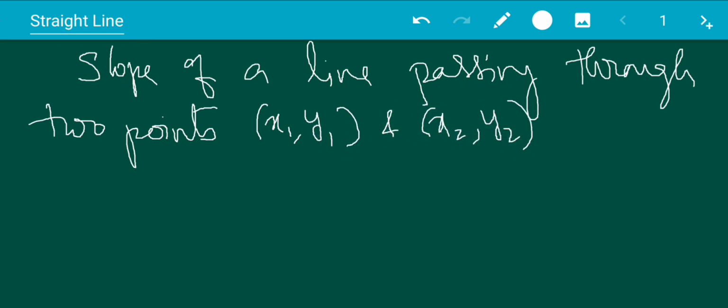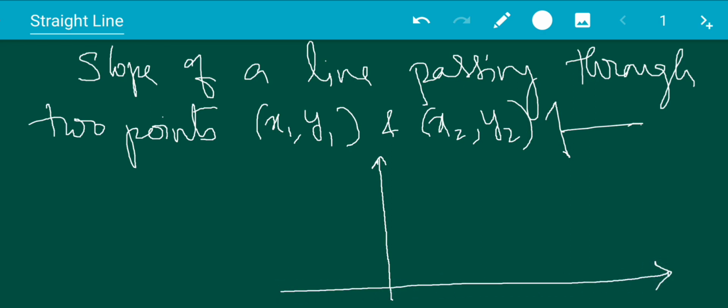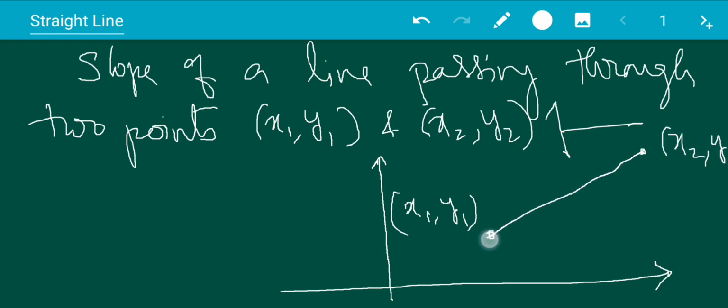Okay, so I have to find this. Now let me see how to express this diagrammatically. Suppose this is x1 comma y1 and this is x2 comma y2. Let's join this line. Okay, we need to find the slope of this line.